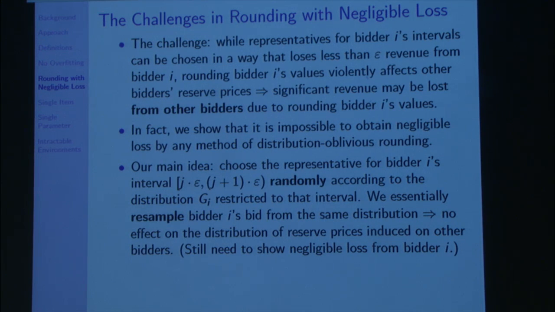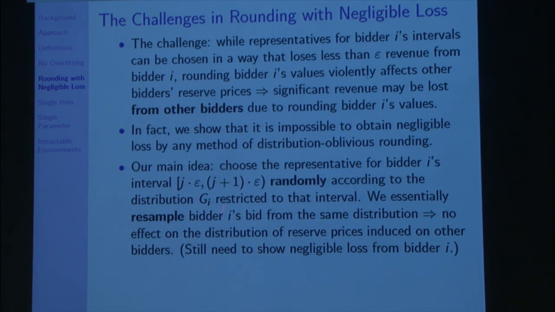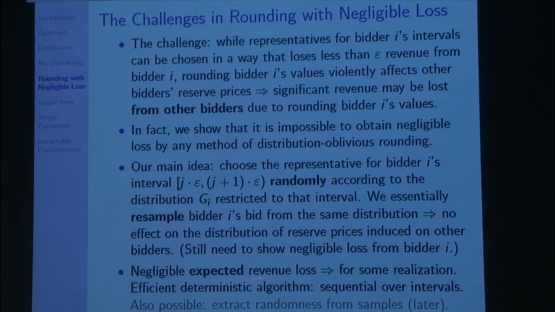The argument will be, okay, so we find a way to randomly choose representatives so that our expected revenue loses at most epsilon. That means that there is something in the support of that random choice, something deterministic, that loses no more than epsilon. That's like a standard probabilistic method argument: something is higher than the expectation.